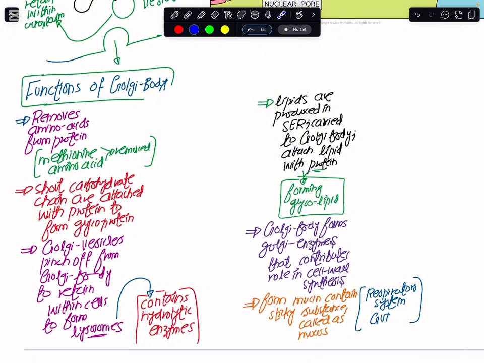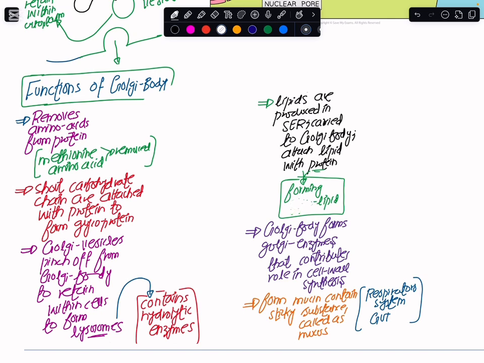Now, the other situation is that we also would like to be making the lipoproteins. Lipoproteins mean that I am supposed to be linking the lipid component to the protein component. So that would make the lipoprotein.